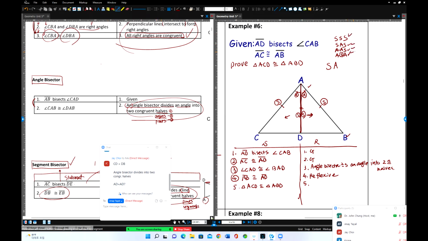Here, here, here, here. Side, angle, side. Okay? Side, angle, side. It's okay, but we're gonna go another side angle side because we have 2 triangles. The other side angle side. Okay? Corresponding parts are congruent. Okay? That's all.